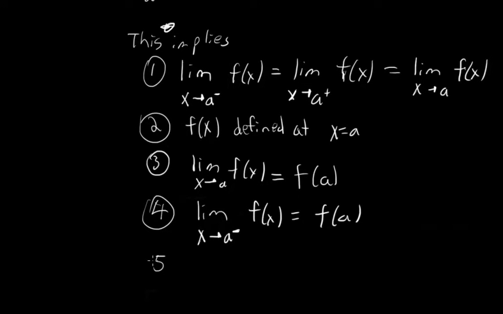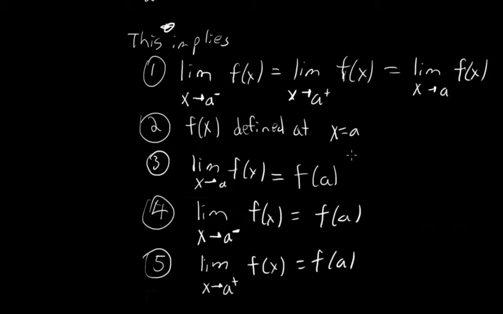And we can say something very similar for the limit coming from the right. The limit as x approaches a from the right of f of x equals f of a. We're basically doing the same thing here. The limit as x approaches a from the right of f of x is also equal to the limit as x approaches a of f of x.